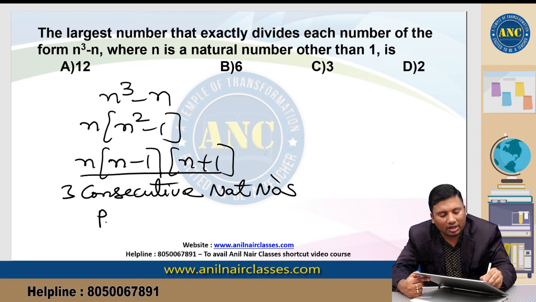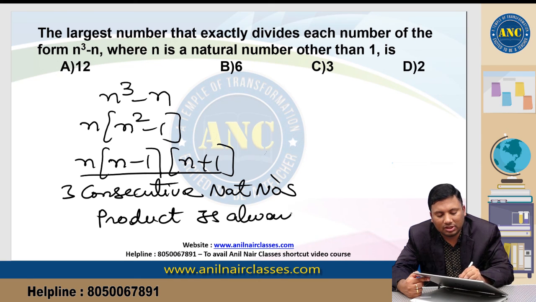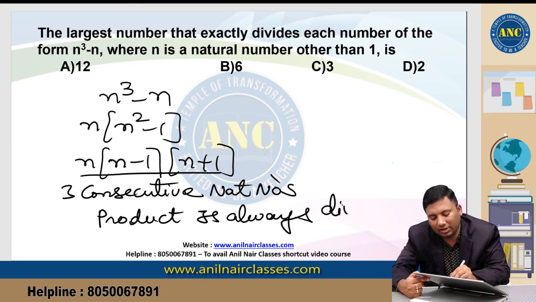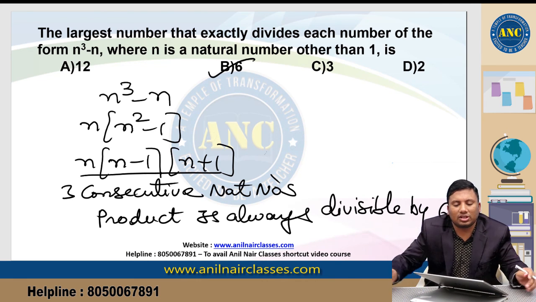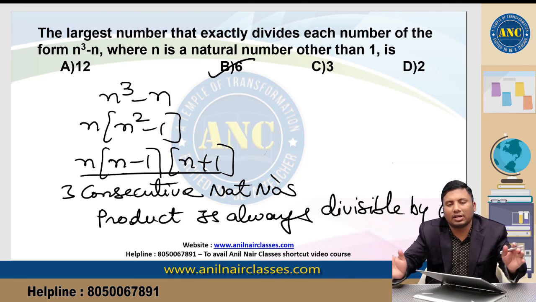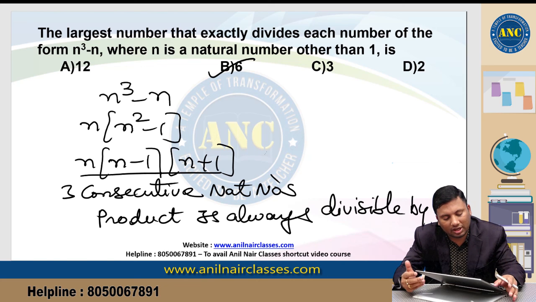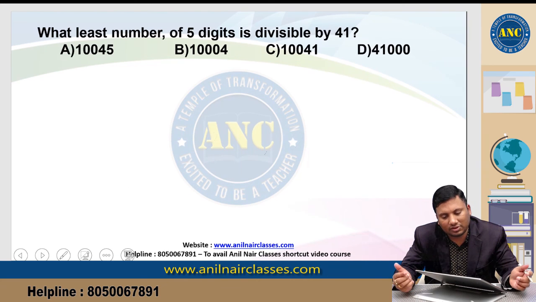Product of 3 consecutive natural numbers is always divisible by 6. So the answer for this question is 6. I hope the idea is clear.